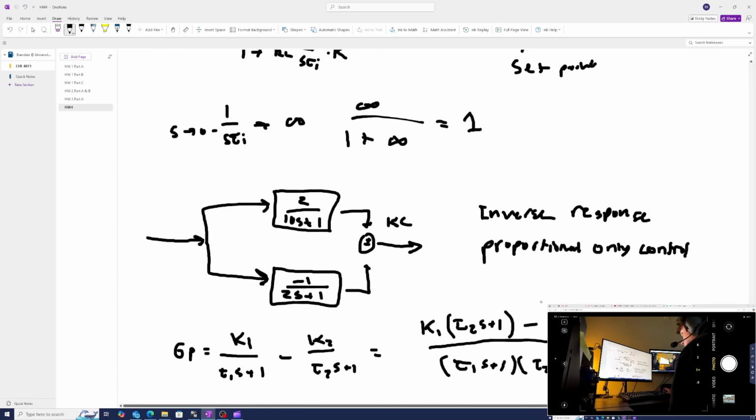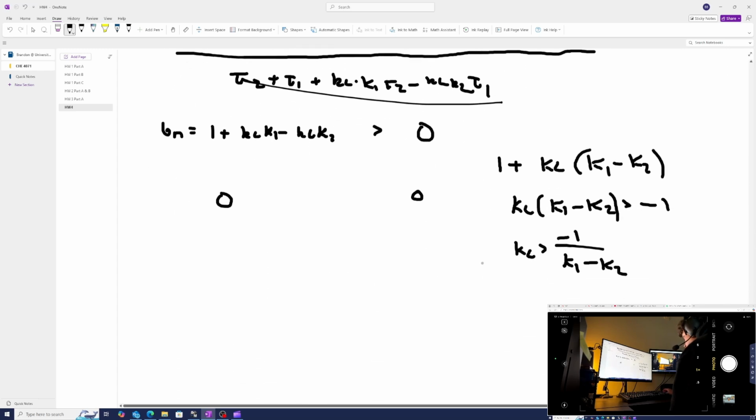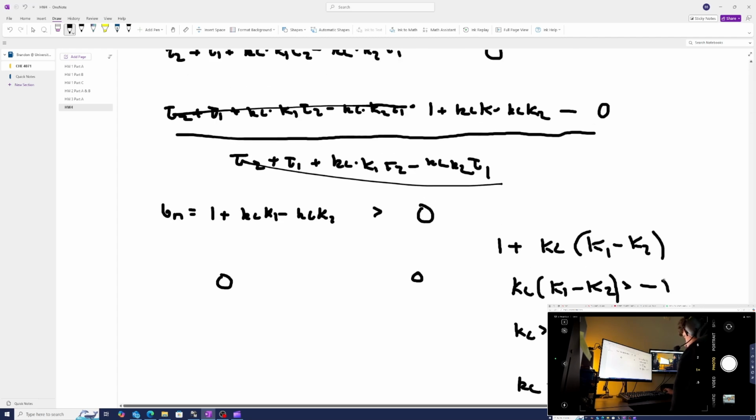In our situation, our K1 is 2 and our K2 is 1. So what we end up with is our Kc must be greater than minus 1 over 2 minus 1, or Kc must be greater than negative 1.